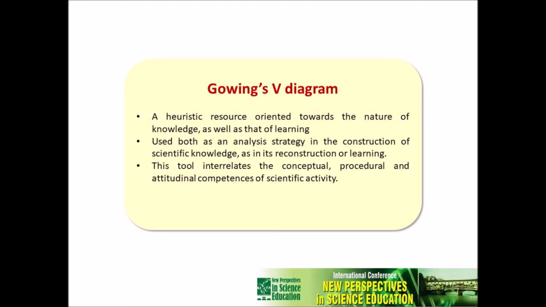This tool interrelates the conceptual, procedural, and attitudinal competences of scientific activity and allows the integration of everyday knowledge with science. It includes the phases of the scientific method and allows to demonstrate the specific knowledge of the concepts, principles, and theories that guide the investigation.